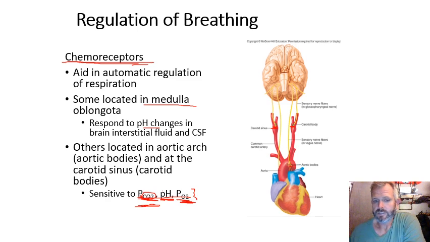Also, pH will vary more greatly because it's regulated by CO2. All right, so how quickly we breathe and how deeply we breathe is more regulated by these two factors rather than by our partial pressure of O2.